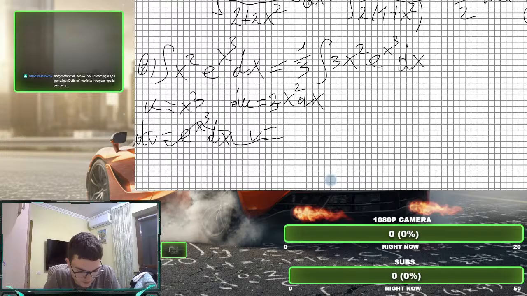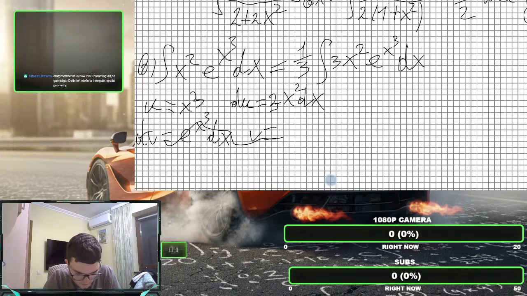So basically I got du, so essentially I added 1 divided by 3 up front in order to have that 3. Okay, yeah. So now we just change the x to the third power to u.